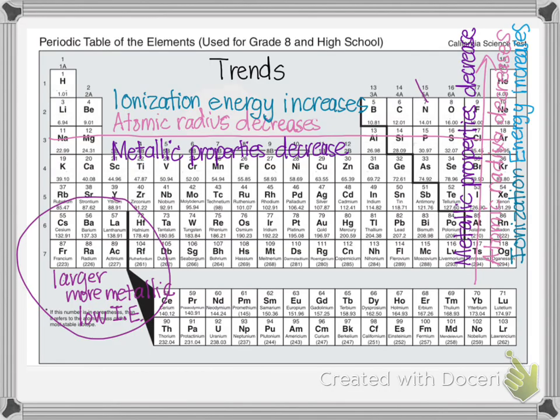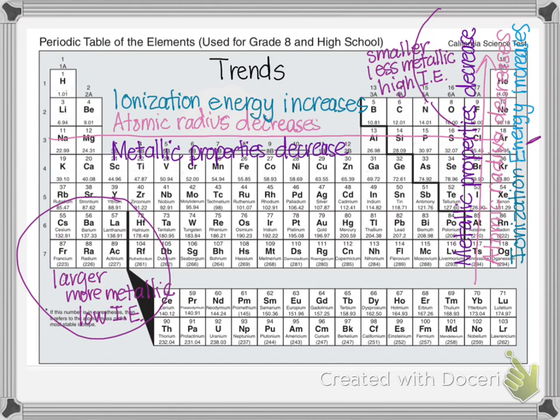And if I was summarizing up here, which I'm going to have to write on the side because I have so much writing in that corner, these would be smaller atoms, less metallic or more non-metallic, however you would like to remember it, and high ionization energy.